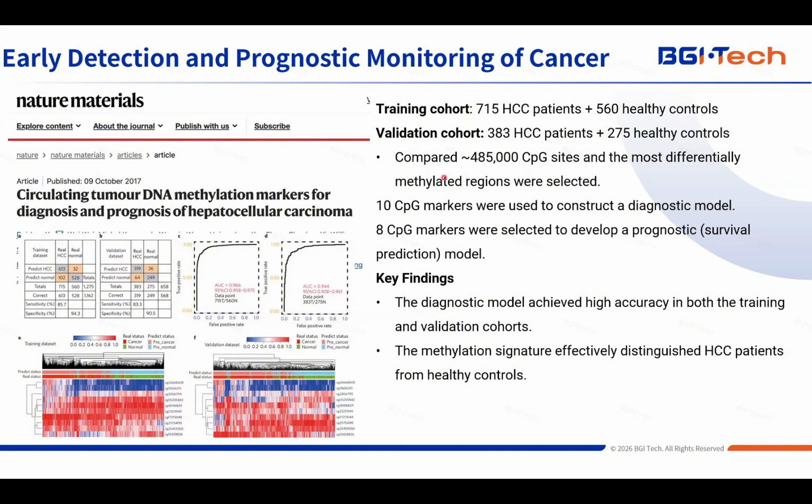Then they picked out about 10 CpG sites to construct a diagnostic model and 8 CpG sites to develop a prognostic model.